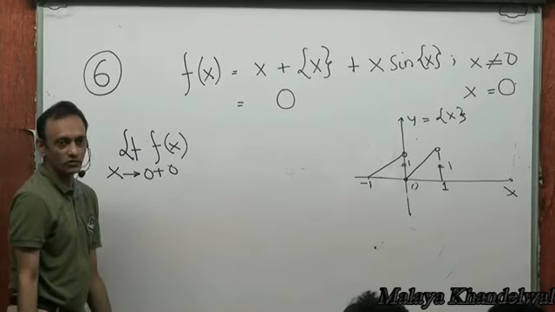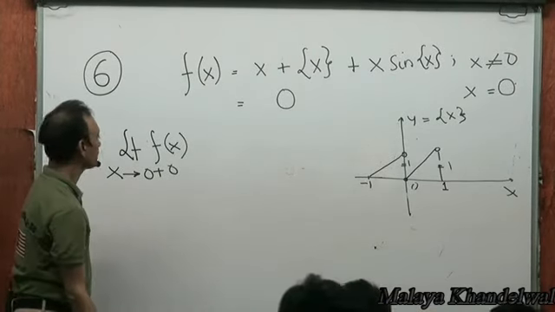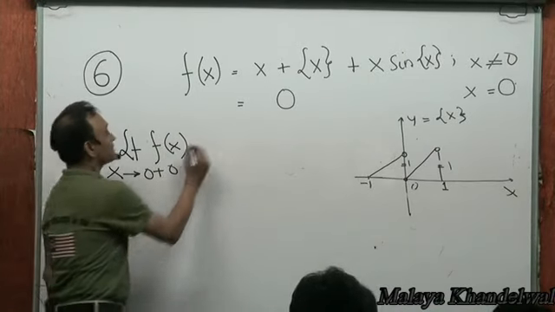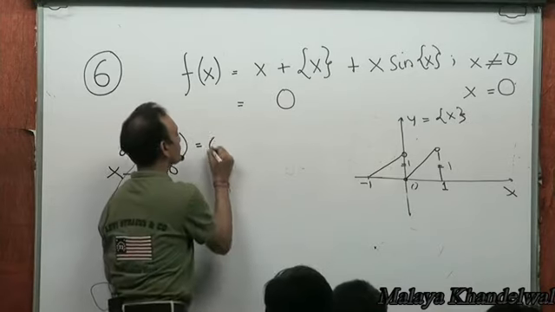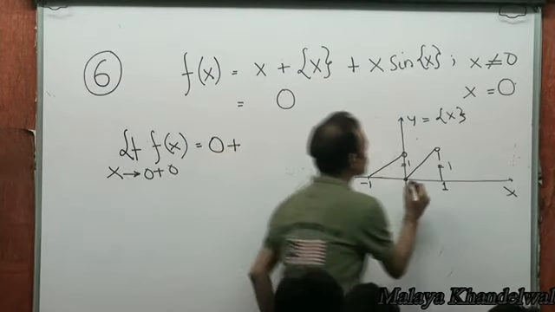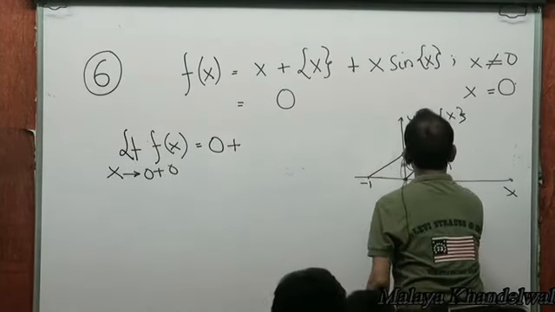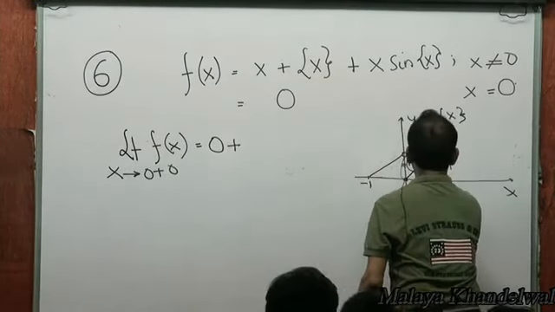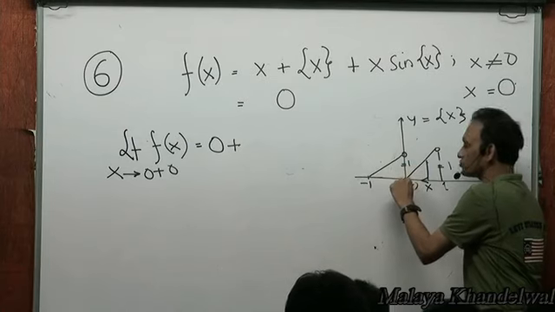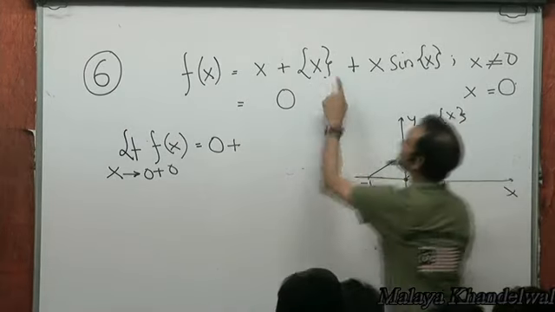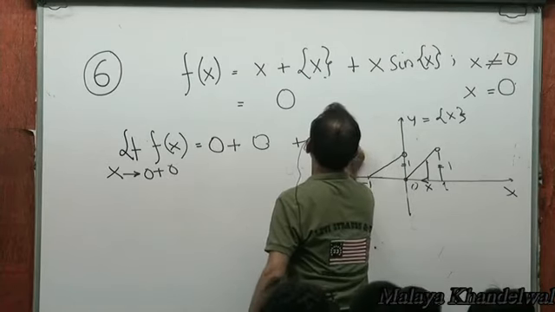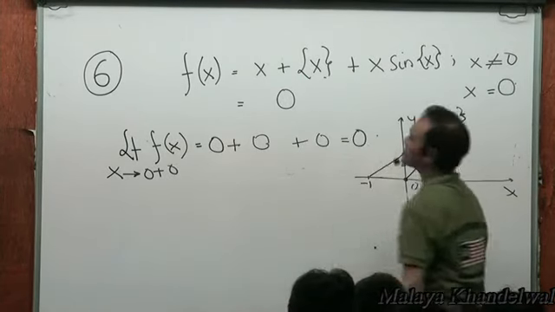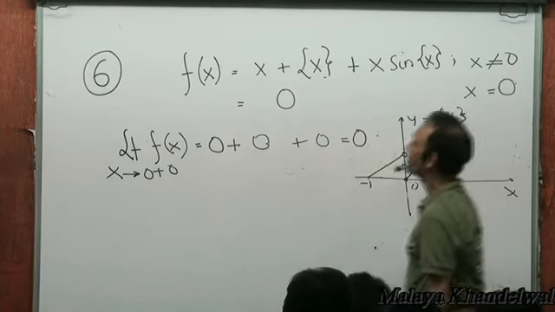Around x equal to 0, this is what you would witness, right? Now, as x tends to 0 from the greater than 0 side, this is the fractional part of x at any given x. This comes closer and closer to 0, so this tends to 0. This anyways tends to 0. So the right hand limit at x equal to 0 is 0, right?